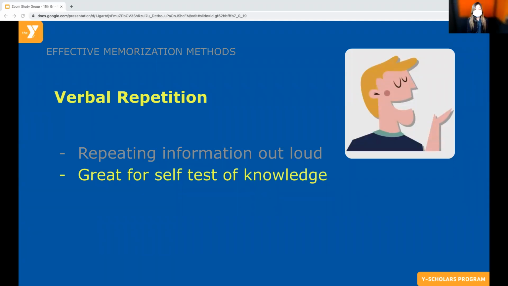Some may include subjects that are more complicated or lengthy information, because that requires us to vocalize a lot of information. So classes that are more complex may not be as appropriate a subject to use verbal repetition.